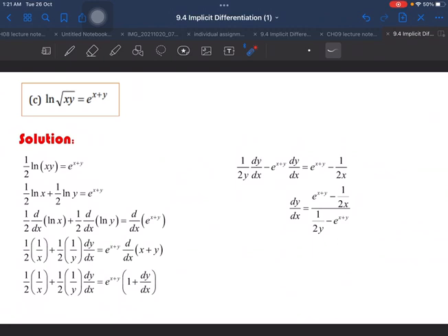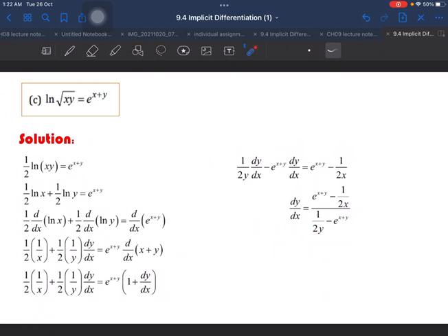Differentiating x, we get 1, plus differentiating y is dy over dx. And then class, we simplify. And then we get the answer dy over dx equal exponent to the power of x plus y minus 1 over 2x, over 1 over 2y minus exponent to the power of x plus y.